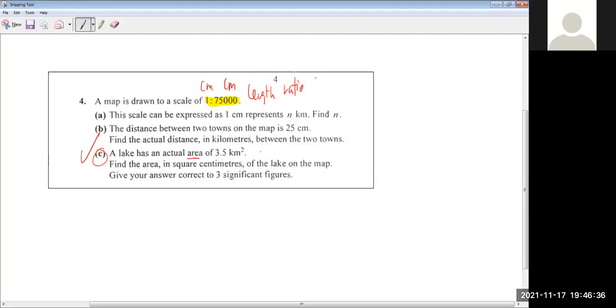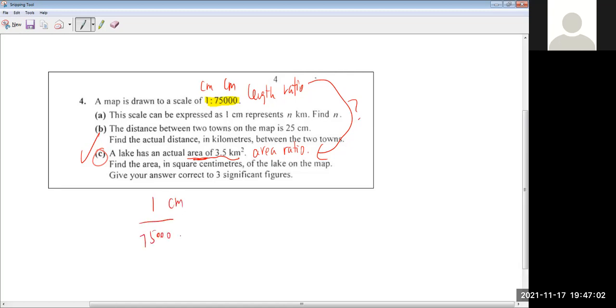So by having the actual area here, this is a hint for you to use area ratio. So how do you get from length ratio to area ratio? That's the first step. Okay, let's look at this. Number one, let me just write in this manner first.